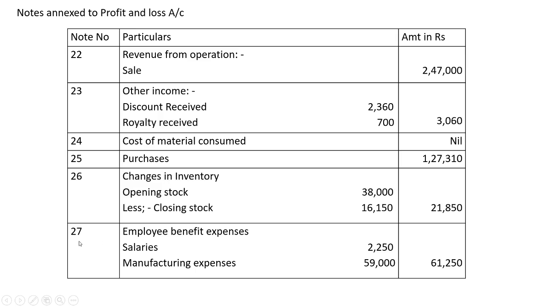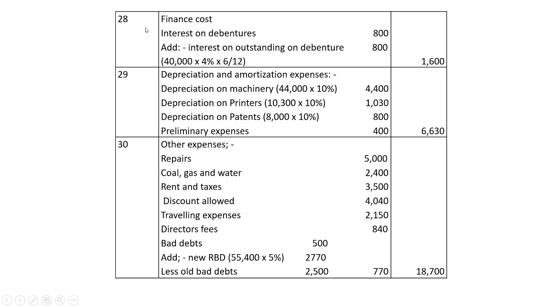And then go for note number 27, employee benefit expenses. Here there are two expenses: salary 2,250 and manufacturing wages 59,000. The total is 61,250. Coming to finance cost, as already said, finance cost means interest on interest bearing capital. That year interest on debenture already given is 800.